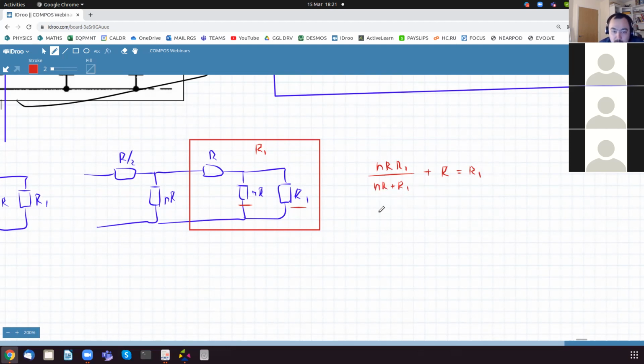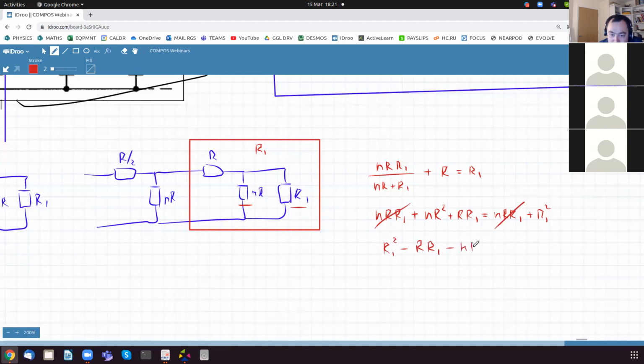Multiplying by NR plus R1, so you get NR R1 plus NR squared plus R R1 equals NR R1 plus R1 squared. So NR R1 cancels, and we have a quadratic equation: R1 squared minus R1 minus NR squared.